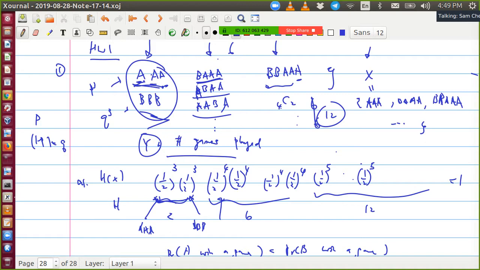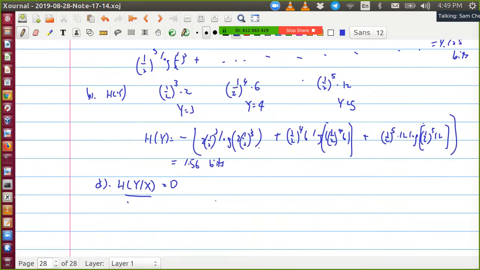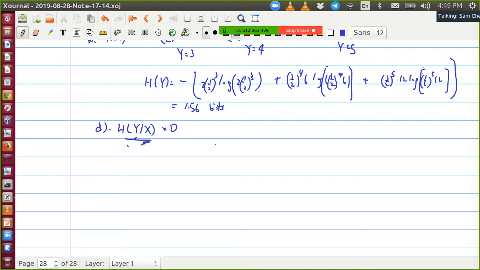If X is AAA, of course Y is equal to 3. And if X is BBAAA, then Y is equal to 5. Because Y is deterministic given X, HY given X, which means given X, what's the uncertainty of Y, is simply equal to 0. Given X, there's no uncertainty of Y.